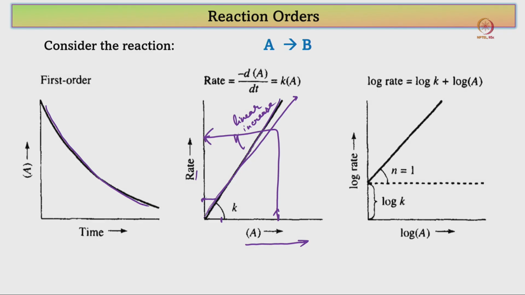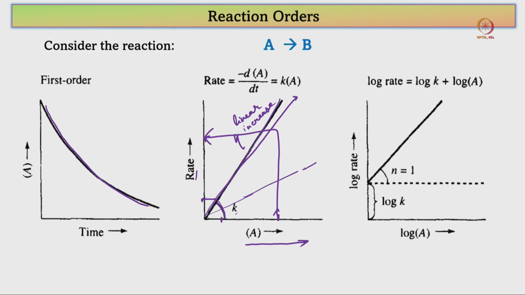So, this is the first order reaction, a simple linear increase is going on. And if you take the slope, that will give you the K value. You have an angle, and depending on that, it shows how fast it is increasing.